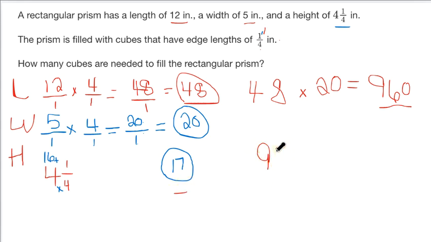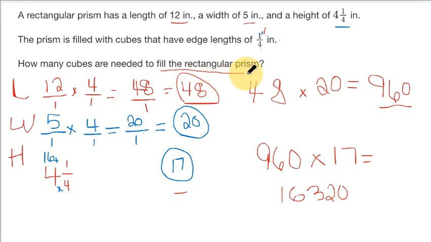So 960 times 17. And that gives me, it's going to be a big number, so I'm going to write it down here. 16,320 cubes needed to fill the rectangular prism.